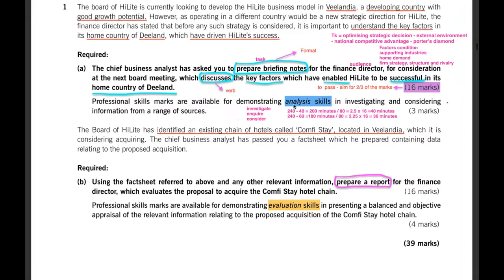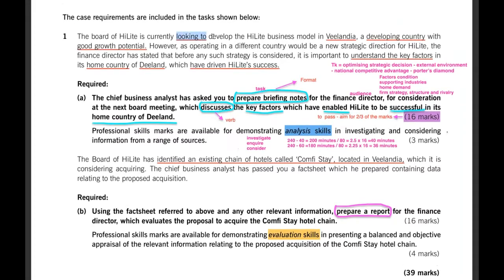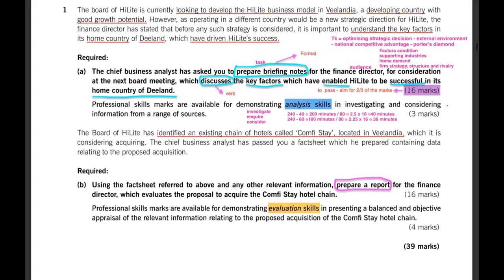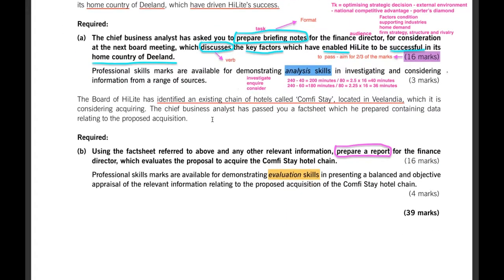So if you notice, just now they are looking to develop Highlight's business model in Vilandia. After they have learned what makes them successful, then you see the next one says they have identified an existing chain of hotels called Comfy Stay.